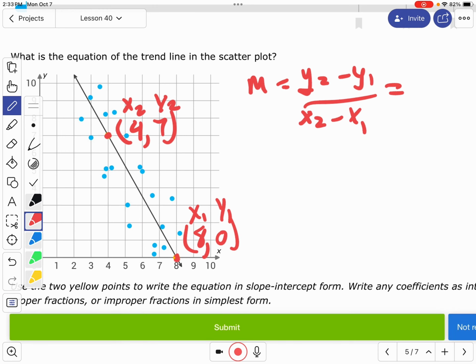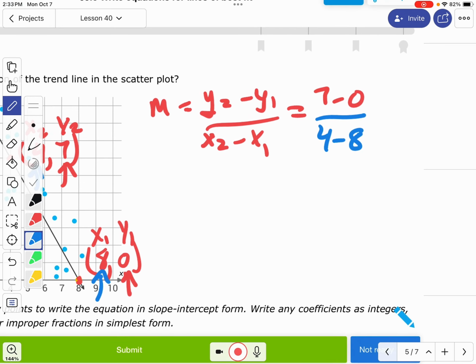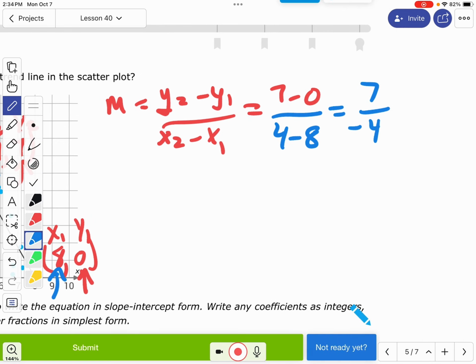I'm going to take the y's: 7 minus 0. And then I'm going to do the x's on the bottom: 4 minus 8. And let's do the subtraction. So 7 on top and 4 minus 8 on the bottom. So negative 7/4 is your slope.